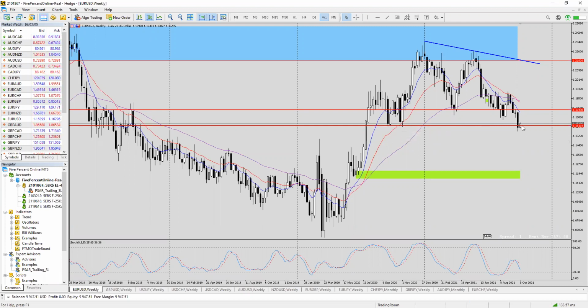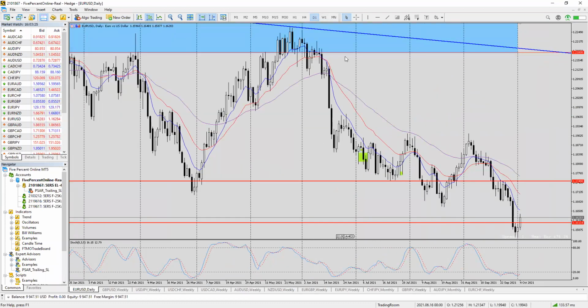And if it closes this week again below this low, it could give a confirmation for the resumption or the continuation of the downtrend. Overall, we are in a downtrend in the euro dollar. It could go a little higher and retest previous levels like this level around here, or even this level around here, previously broken levels or previous lows before continuing down.